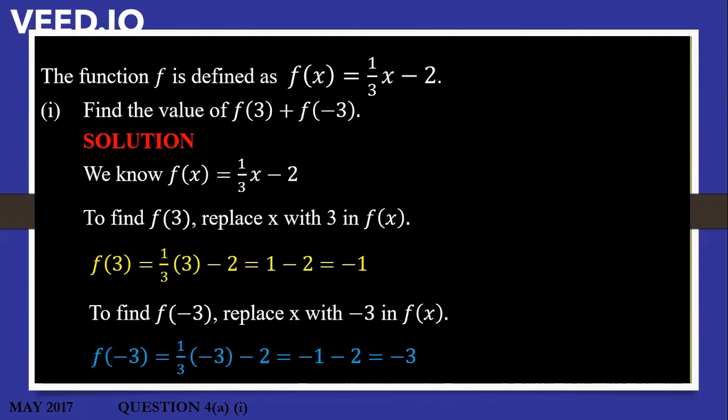Now that we have found f of 3 and f of negative 3, we are going to take the sum of both functions. Now, f of 3 plus f of negative 3 is equal to, recall that f of 3 is negative 1 and f of negative 3 is negative 3.